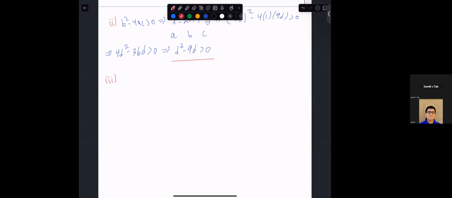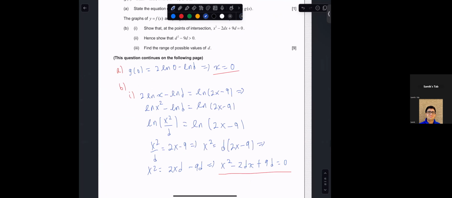Now part 3 is find the range of possible values of d. This is quite easy. All we have to do is find the range of the possible values, and the previous portion set us up for it.